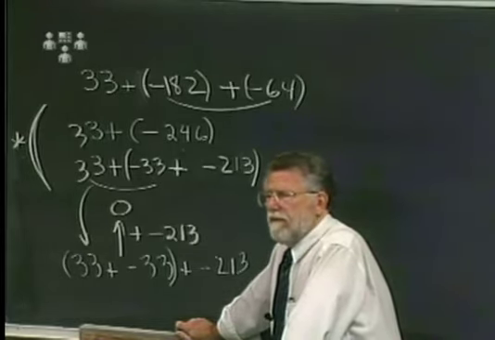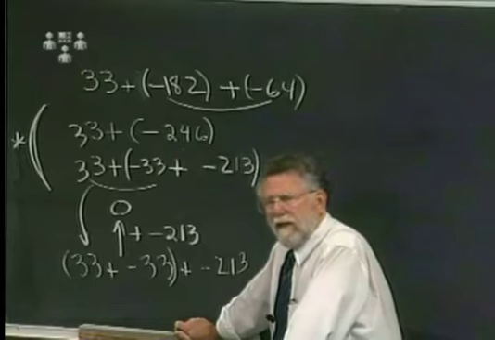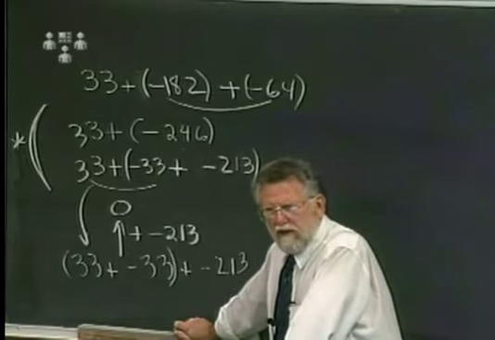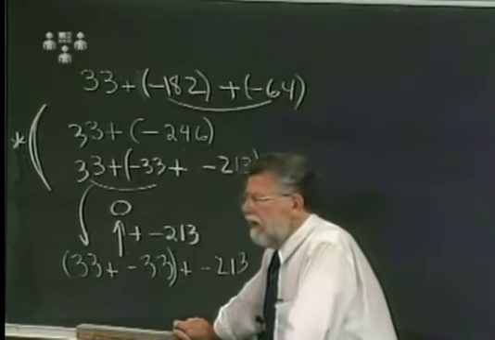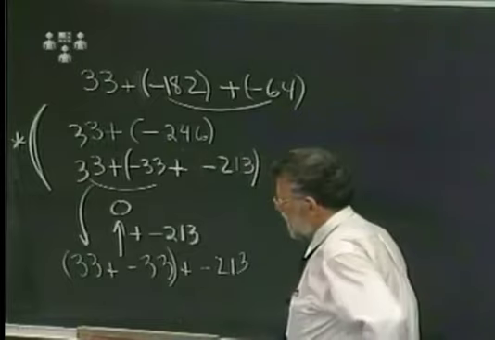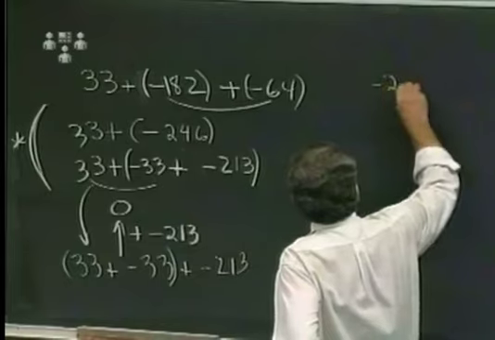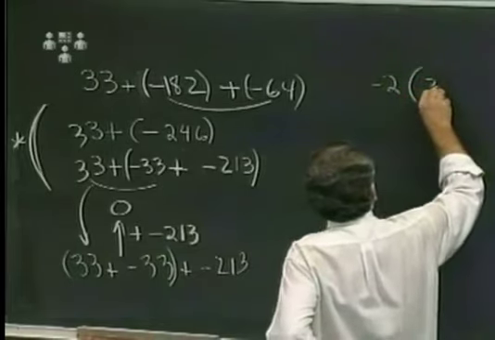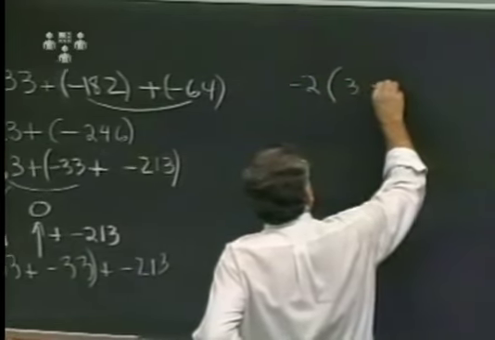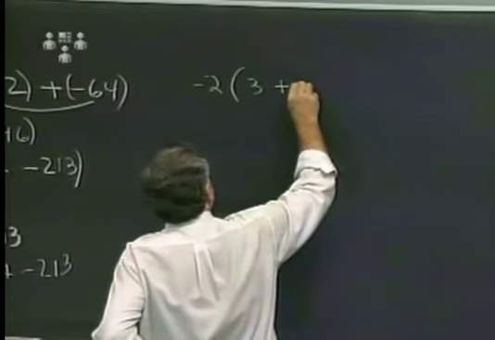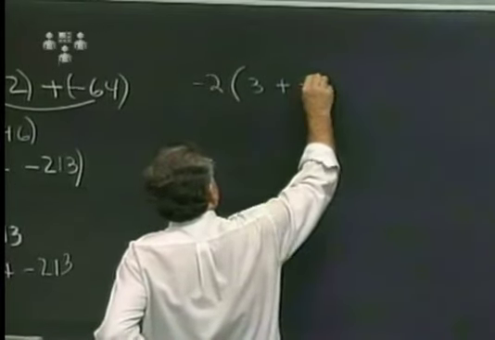Now, to do that, let me try to illustrate it. I'm thinking what I want to say here. Let me just try in terms of numbers in a similar fashion. Let's say I have a negative 2 times a 3 plus a negative 3.